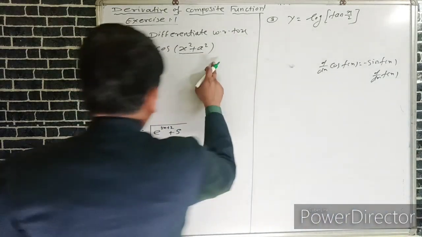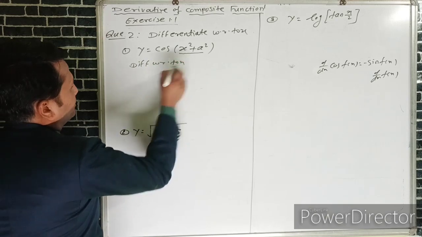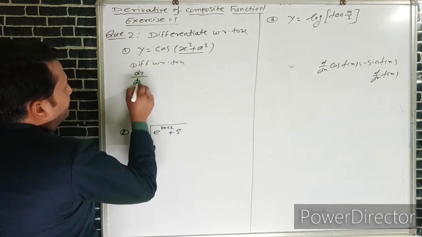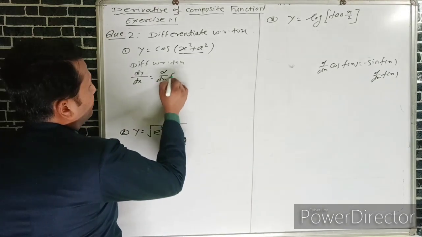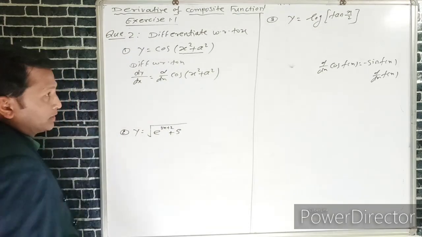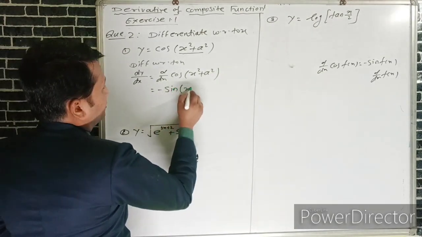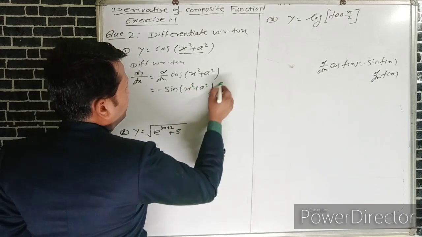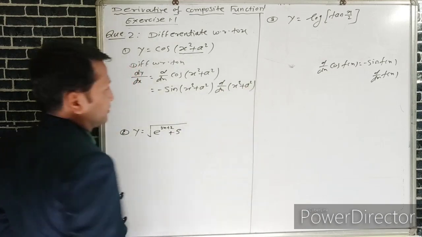Hence we can write it after differentiating with respect to x, the derivative of y is dy by dx, and the derivative of cos of (x square plus a square), derivative of cos is minus sin of (x square plus a square), we take again derivative of x square plus a square.